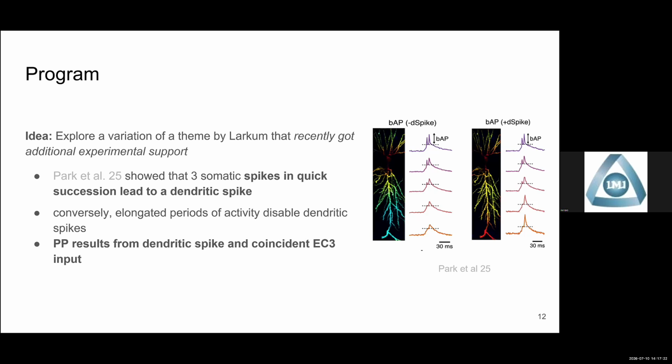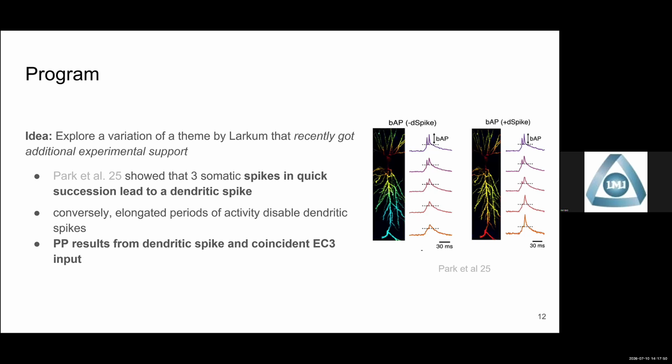But if you had a period of relative silence, and then quick spikes, three or four spikes, neuron dependent, let's say 3, the onset of 3 spikes enables it and boosts it. So there's somewhat of a flip. If the neuron was silent and you have 3 spikes, then you have a boost. But if the neuron was active in a high state for a very long time, it's disabled.